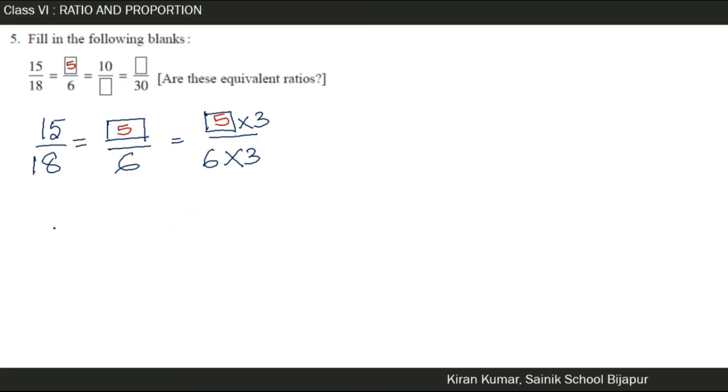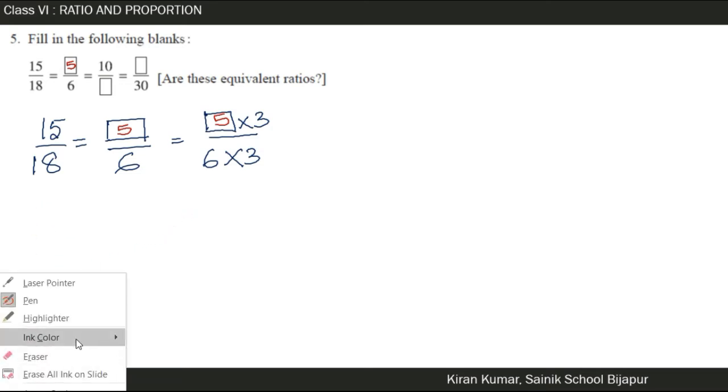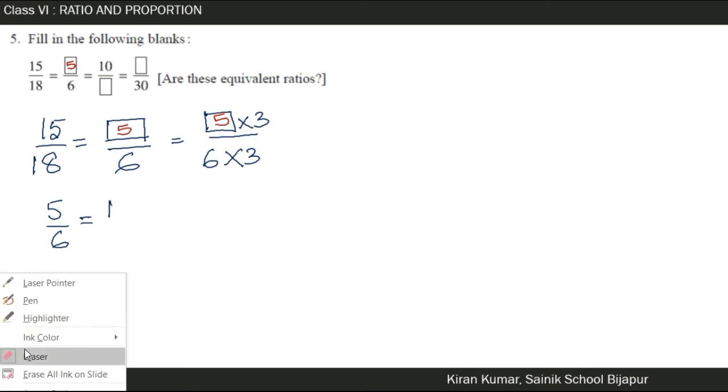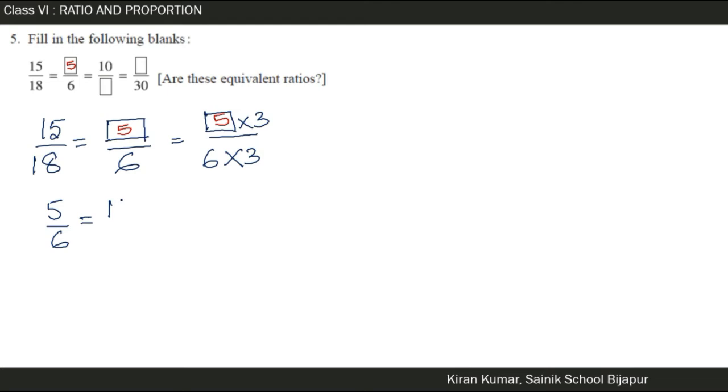Now let me consider this 5 by 6. This is equal to 10 upon blank. When 5 is multiplied by 2, we get 10.